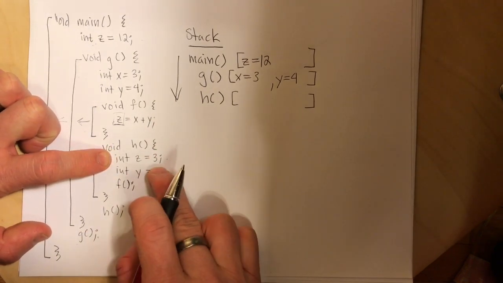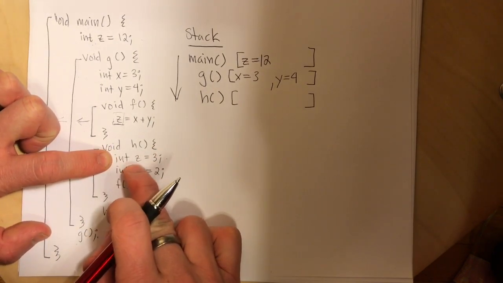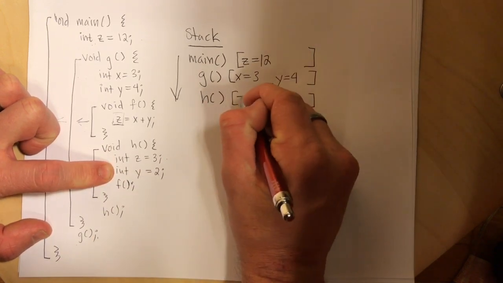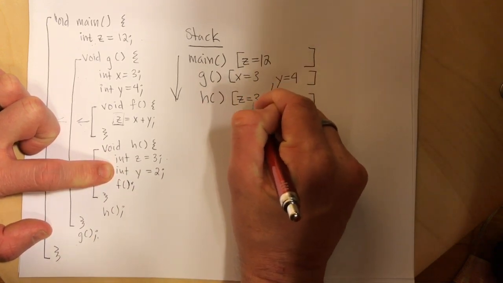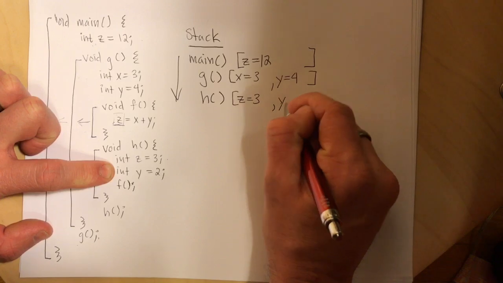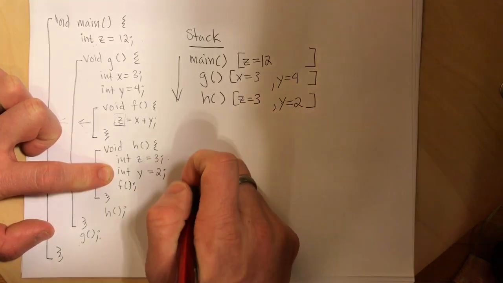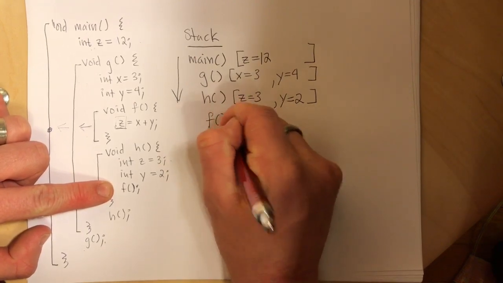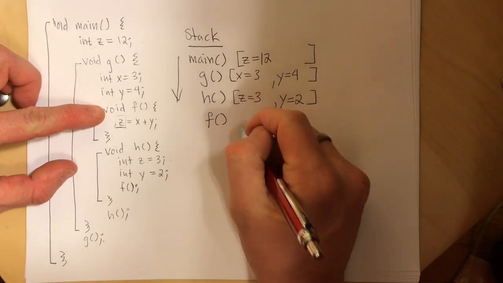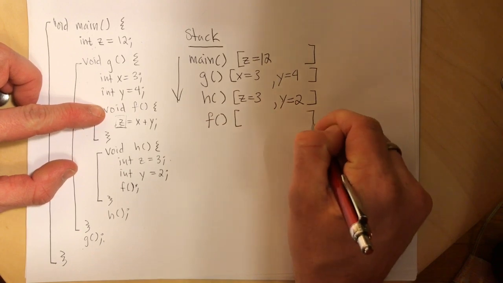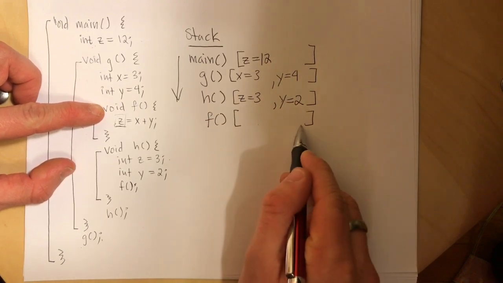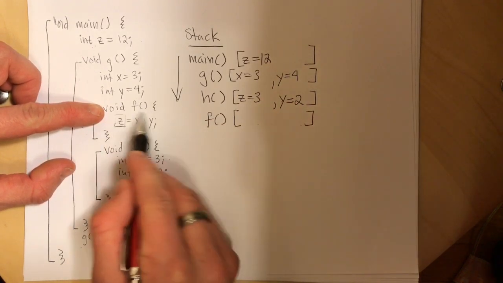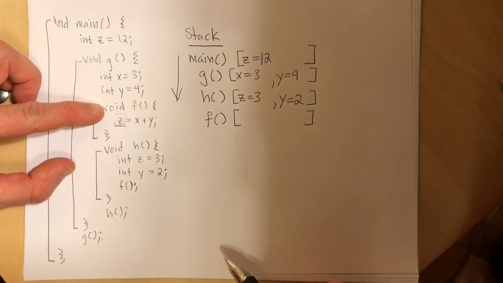Here at h, we declare two variables, z and y, and those are locally declared. So z is equal to 3, y is equal to 2. And then we call f. So we're going to do this again: push f onto the stack and jump to the definition of f. I've got an area for f's declared variables, but nothing in this example declares a new variable.